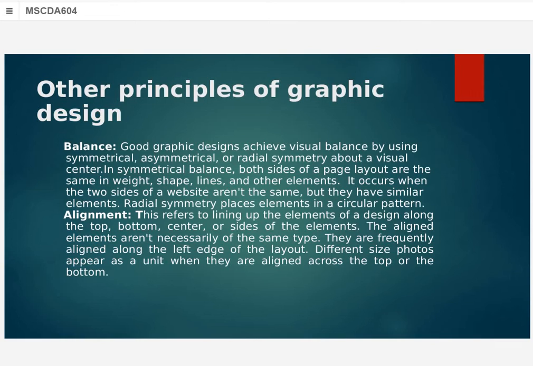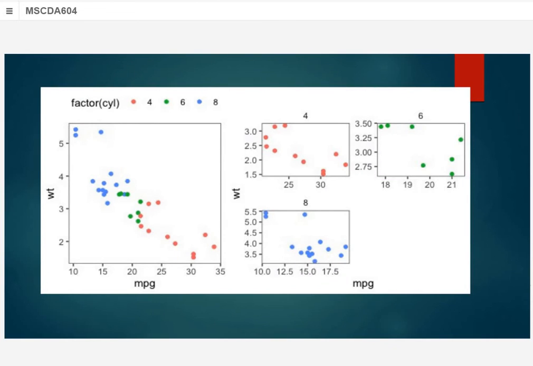Don't just crowd your designs in one corner and leave the rest of the space without anything, and that's alignment. Make use of the space that you are given for your designs. Whatever form you're going to present your data in, make sure that you align your things properly.